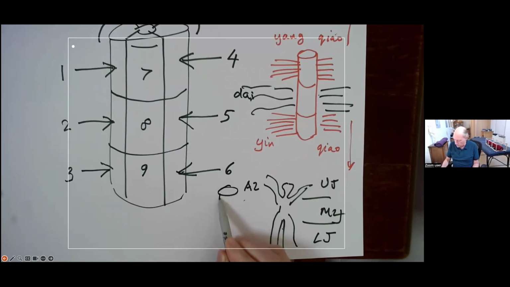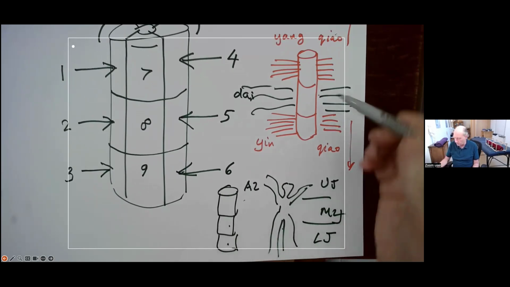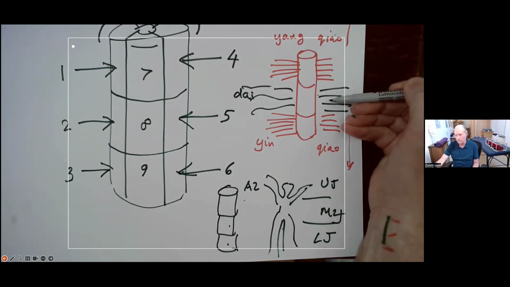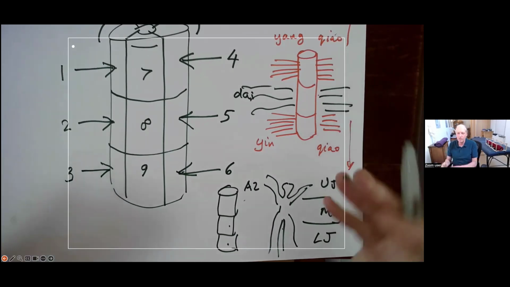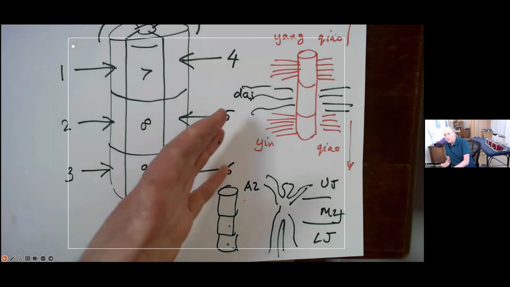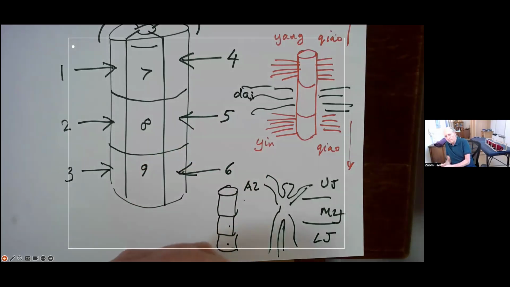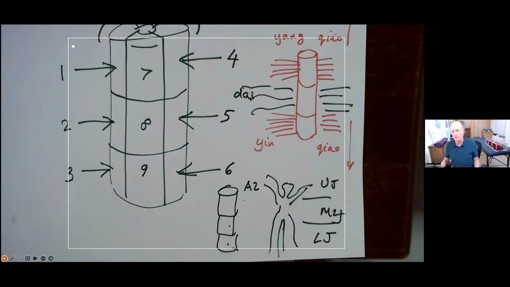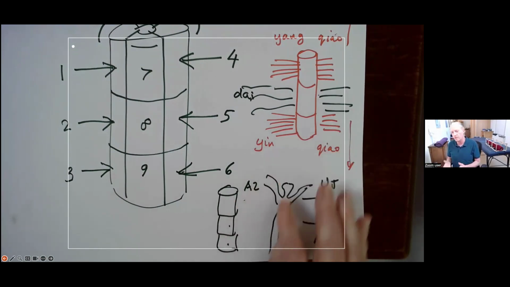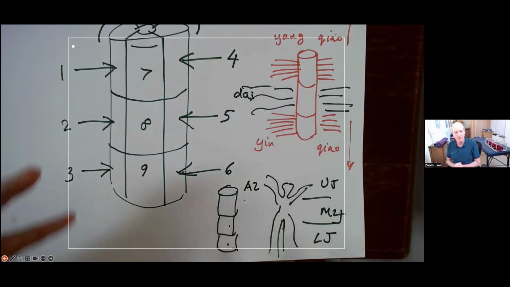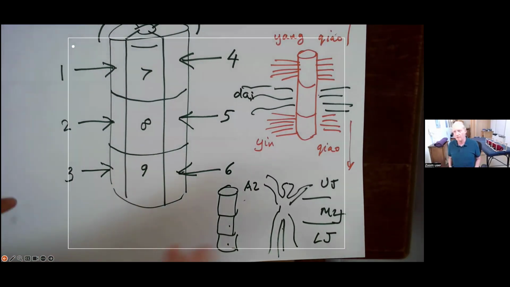There, the artery is split into three: upper jiao, middle jiao, lower jiao. This is the same sort of feeling: yang chao, dai mai in the middle, and yin chao. So higher up is more yang, and in the middle is the dai mai. It's not 100% exactly the same, but you've got some sense of this kind of topography or positioning going on here.